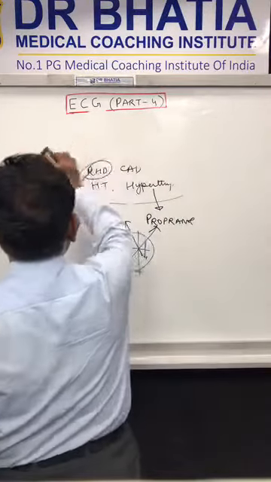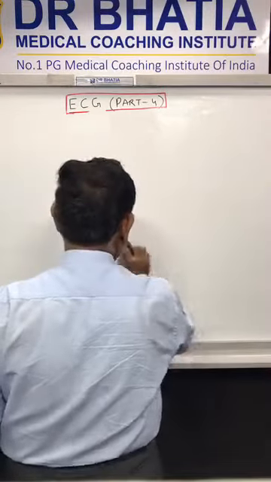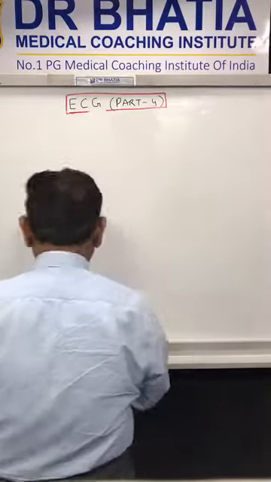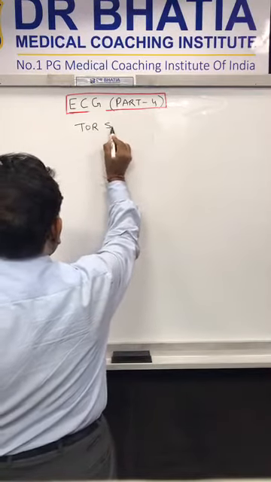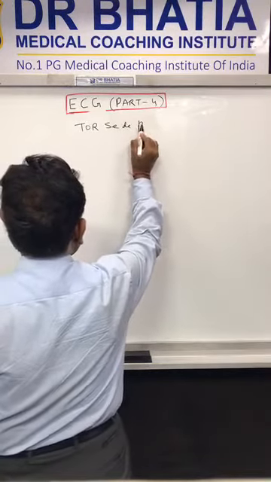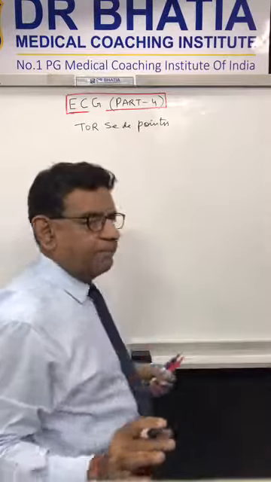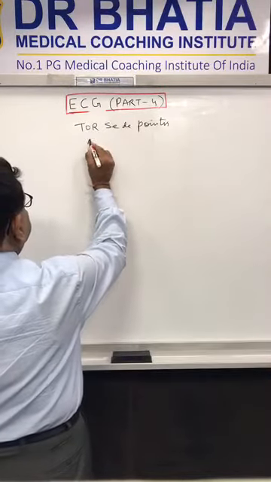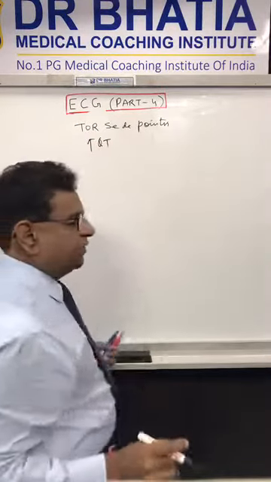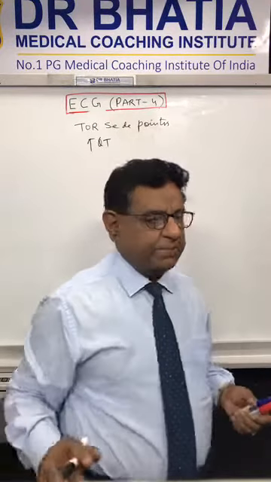Now we talk about torsades de pointes. The main hallmark of this condition is prolonged QT. So anything which leads to prolonged QT can produce torsades de pointes. Now what happens?